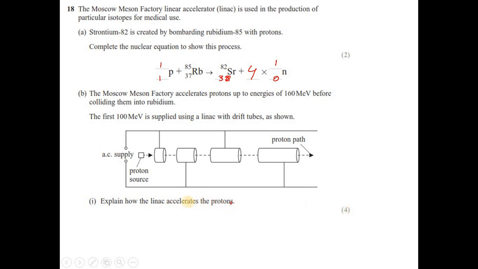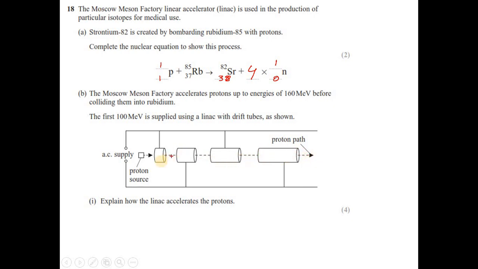It is a typical question about the Linac because you have drift tubes with increasing length, and these drift tubes have increasing voltage or the opposite polarity in front of the source beam. So the proton beam is attracted from the first cylinder, and the next one has higher voltage, so it can keep accelerating and accelerating.